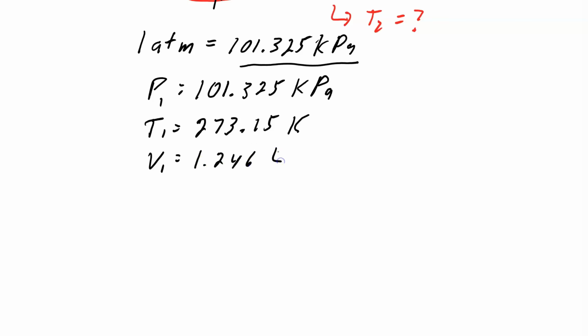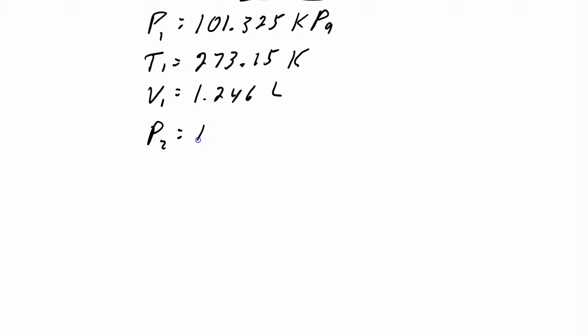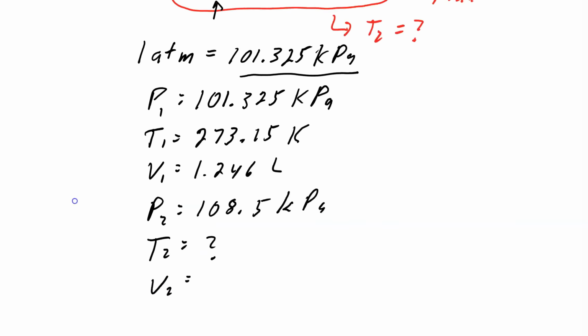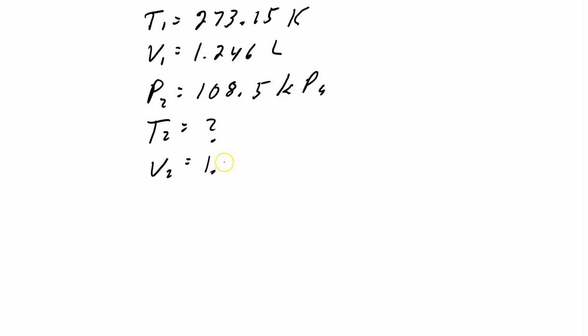P2, the second or final condition of our gas, is 108.5 kilopascals. Temperature is what we're looking for, so we'll put a question mark there. And our final volume was given at 1.410 liters. So now we have everything.